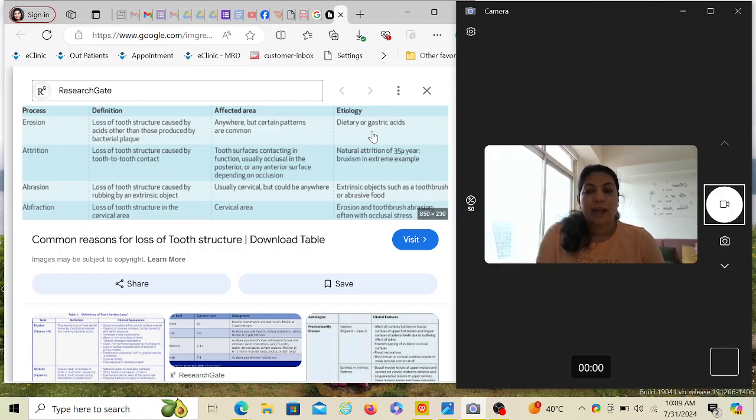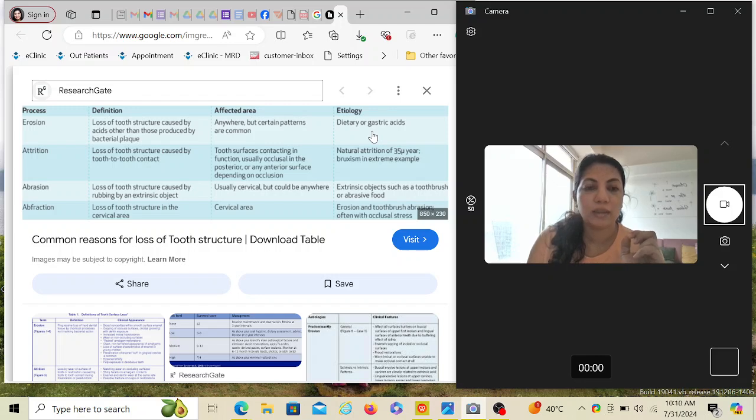See, abfraction is located really cervically, very close to the gum line, and it's a sharp V-shaped defect. Why does it happen? It can also happen due to toothbrush abrasion or erosion in that area, but mostly they are micro cracks, and trauma from occlusion will create more of it.